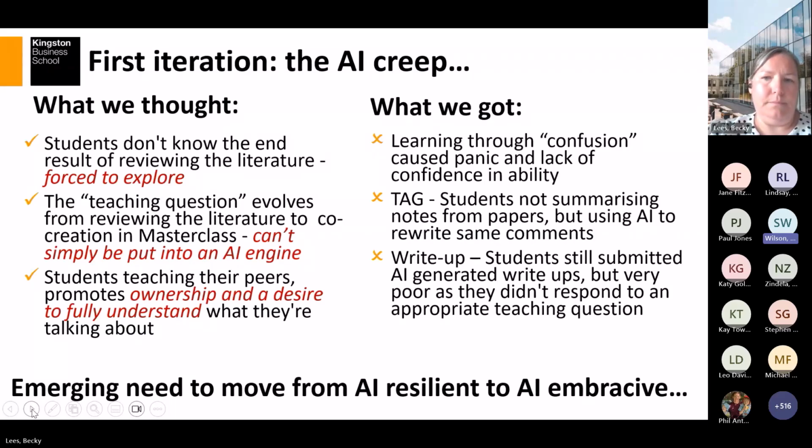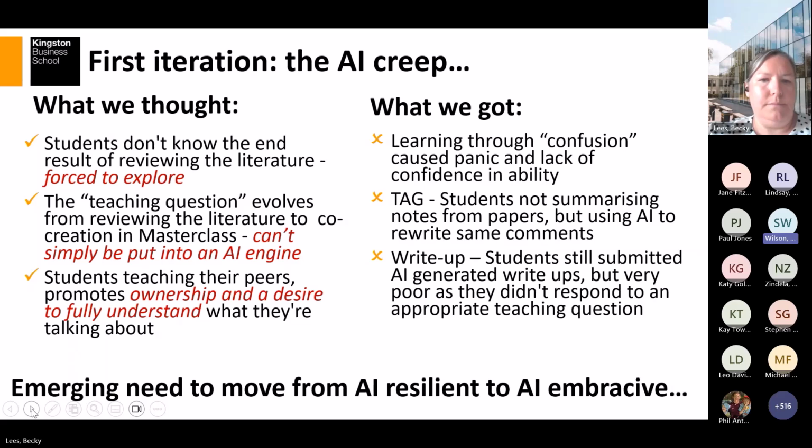Just panic. And then finally, in the write-up, the students were using AI, but they just didn't know what they were doing with it. And so the write-ups were really poor, and they often went against them, really. So we felt this problem where we had to move from being AI resilient to AI embracive.